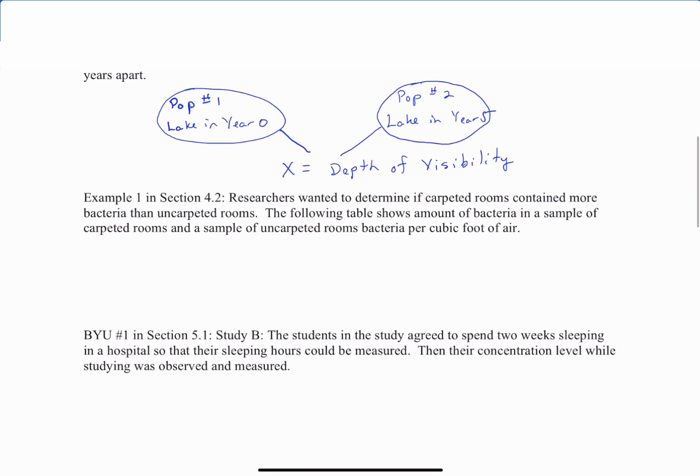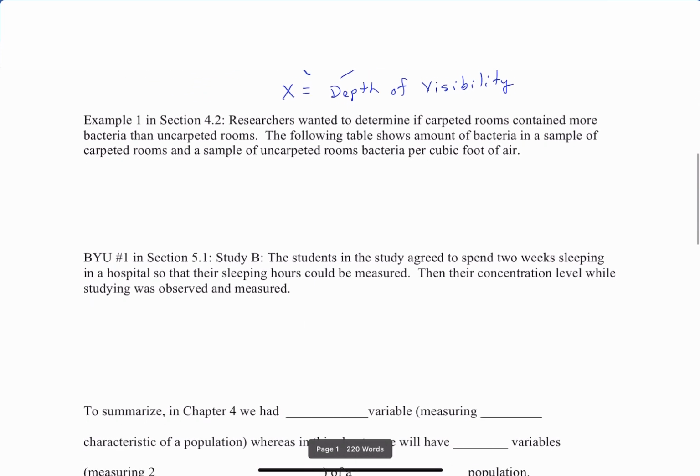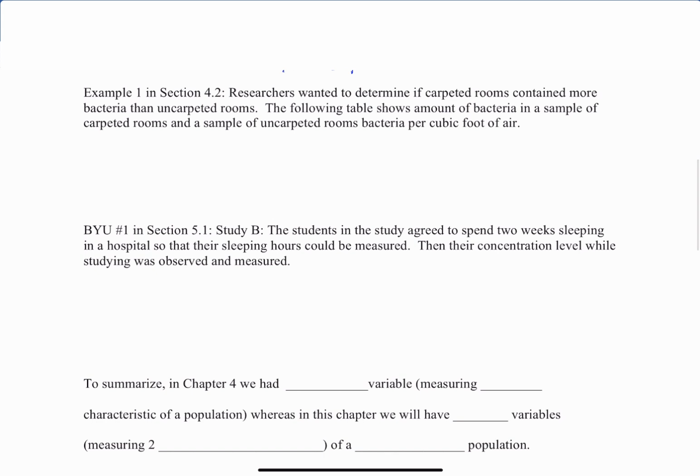Example 1 in 4.2 was researchers wanted to determine if carpeted rooms contain more bacteria than uncarpeted rooms. So population number 1 was carpeted rooms, and population number 2 was uncarpeted rooms.